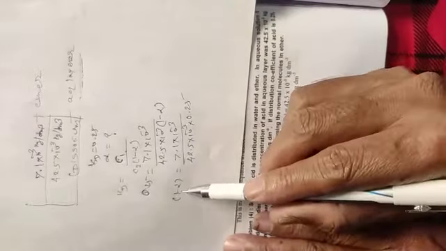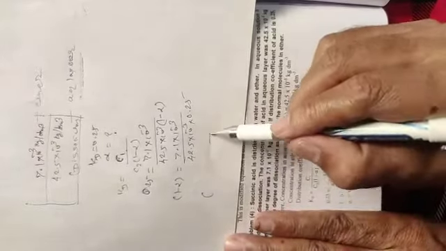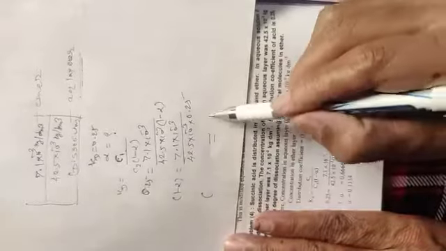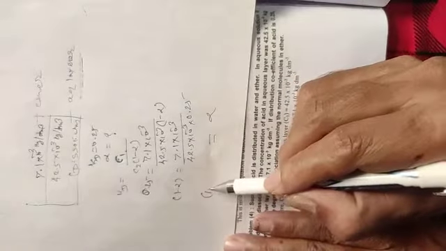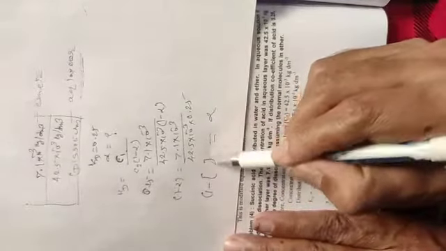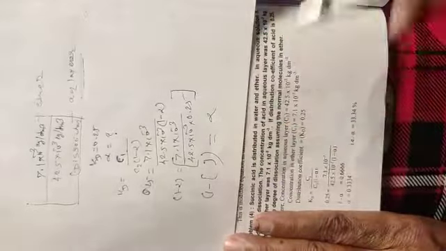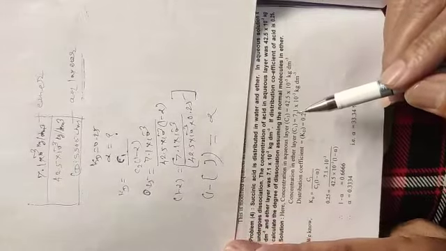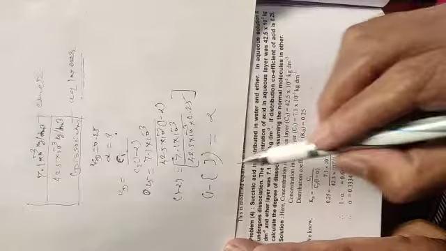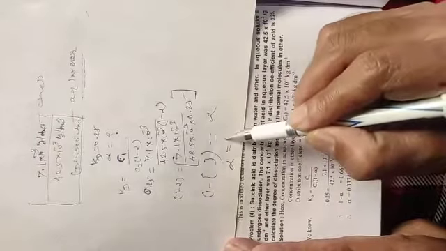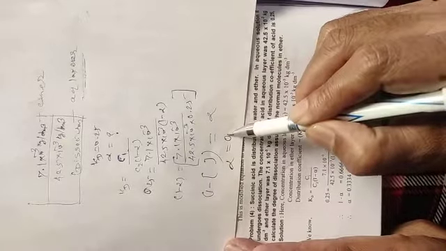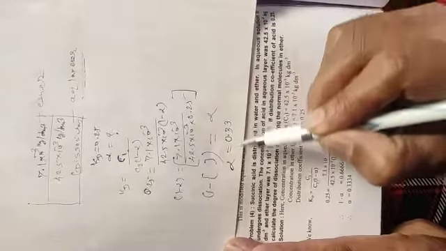Now again you have to find this alpha. When alpha comes to the right side, it will be plus alpha, then it will be 1 minus this bracket. Now solve this. After solving, we come to know that alpha is found to be 0.33.